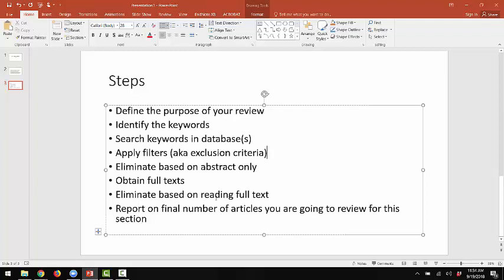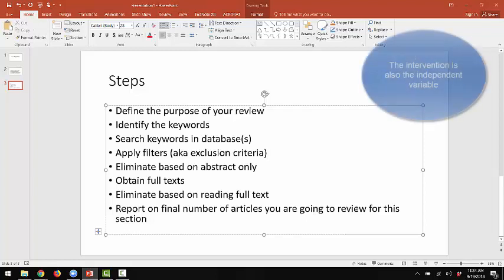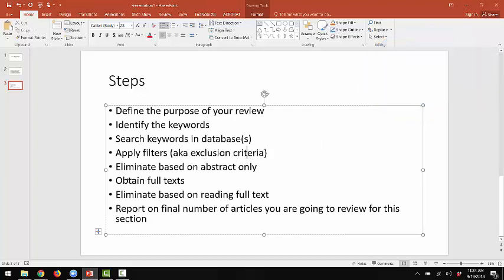You read those full texts, you eliminate some of them because they don't meet your purpose, and then you let me know how many final articles you are going to review for this section. So notice here we have exclusion criteria, and here the word eliminate. I'll go over the difference between them a little bit more.